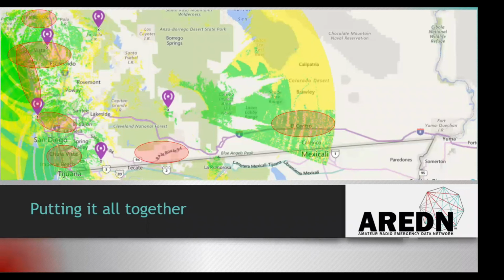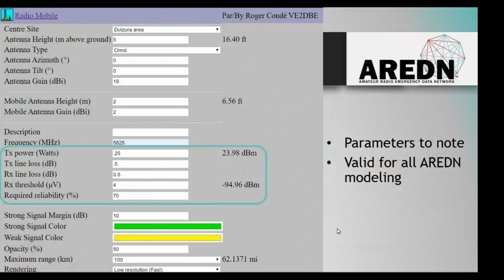So let's go back and quickly review the parameters that I said were unique to AREDN. Frequency is what it is. It's the channel that you want to use. Now, power is always going to be a 1/4 watt for these radios. There are exceptions to that.